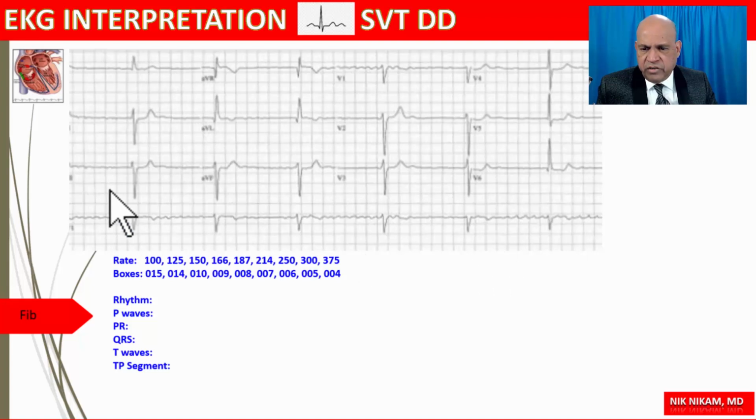But look at the QRS complexes. They look pretty regular here, and it looks narrow. So whenever you see a rhythm with what looks like underlying atrial fibrillation with a regular rate, even though it is slower, then you always think about atrial fibrillation with junctional escape rhythm, which in most cases is either related to sick sinus syndrome or drug toxicity.